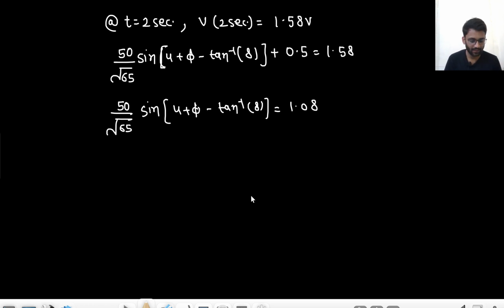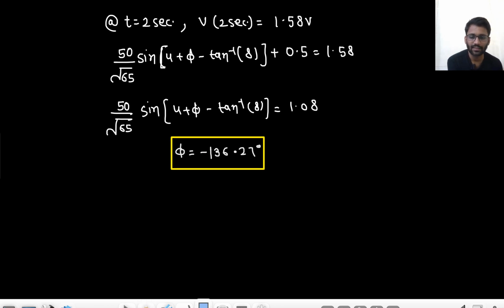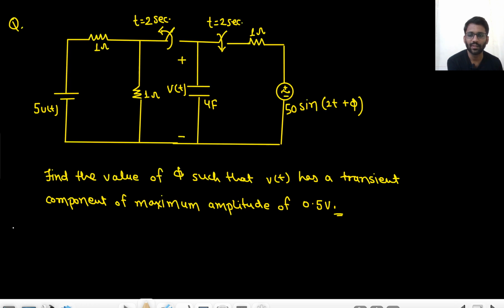This is the angle I am getting in radian. Now I need to convert it into degree by minus 136. Pi is minus 136.27 degree. Okay. So there was a slight change in the question that the applied input is 50, not 5.